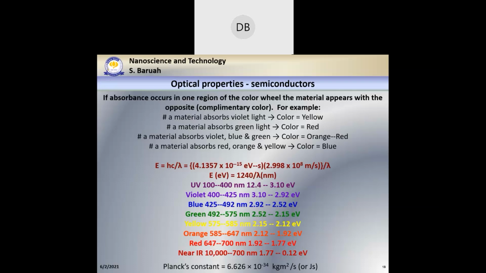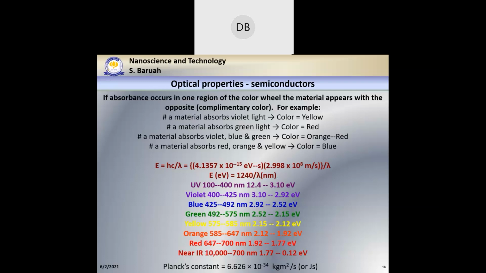If you plug in the values, Planck's constant is given here below, and c is 3 into 10 to the power 8 meters per second, you come to something like this: 1240 divided by lambda, with lambda in nanometers. That's a generic formula we use. What is the energy of a photon with wavelength lambda? It is 1240 by lambda. So you can simply calculate that out.